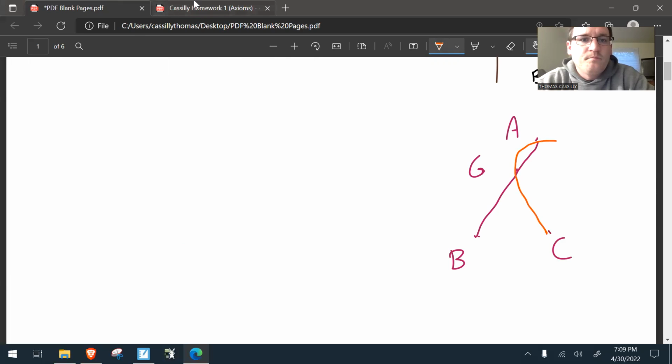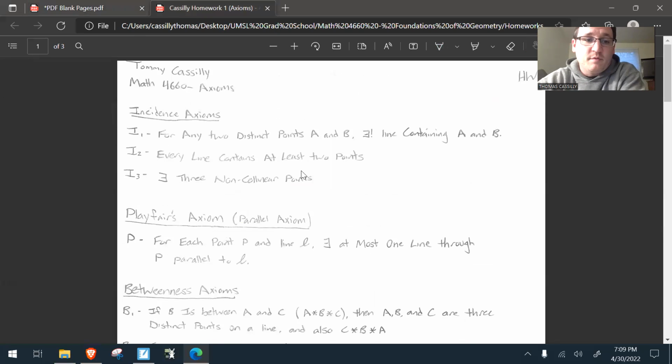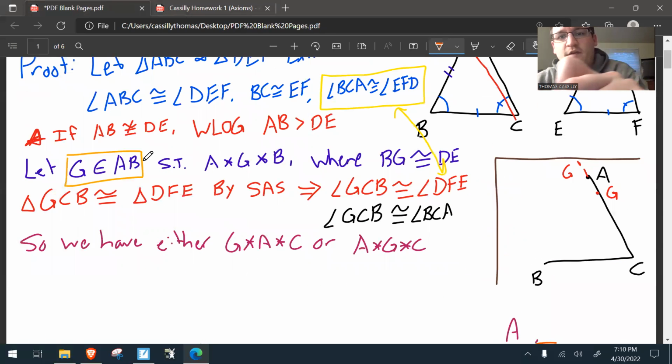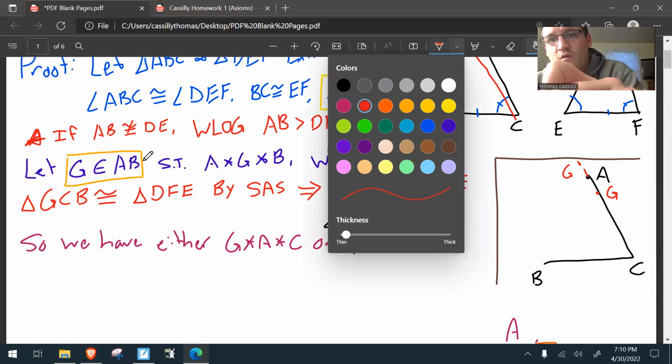And we know by our incidence axioms, for any two distinct points, there is a unique line going between them. So this right here violates I1. It violates our very first axiom. So this is a contradiction.